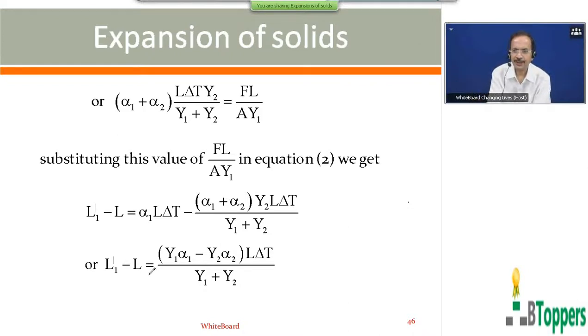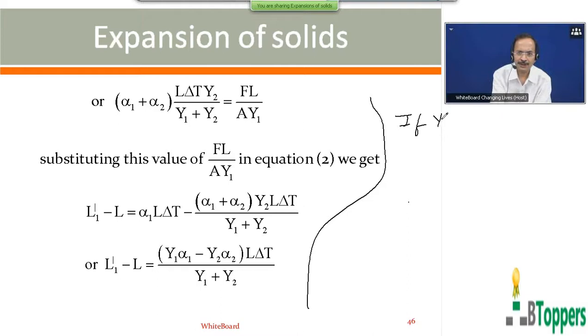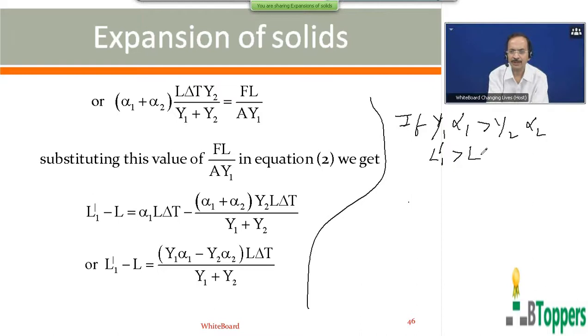Therefore, here as explained before, if Y1 alpha 1 is greater than Y2 alpha 2, then the final length of the first rod is more than the initial length. Then the length of the first rod will increase, but the length of the other rod will decrease by the same amount.